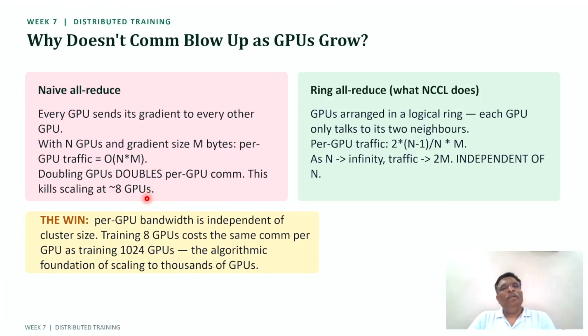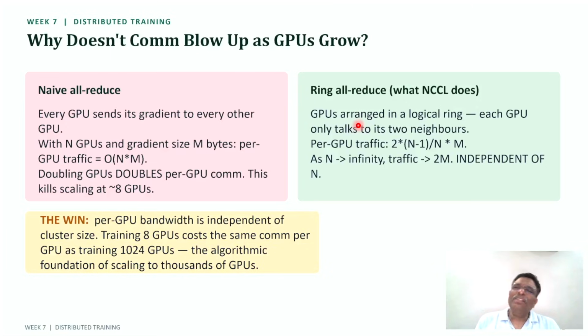And if you double the GPUs, you basically double the per GPU communication. This effectively means that if you try to scale up to 8 GPUs, the traffic is so humongous that the advantage of using GPUs is almost gone. Then you have the approach of ring all reduce, wherein the GPUs are arranged in a logical ring.